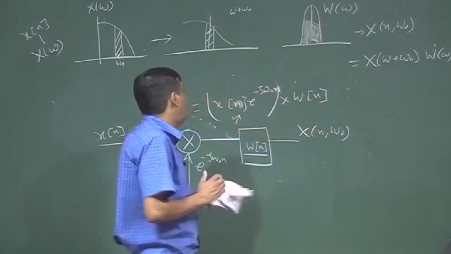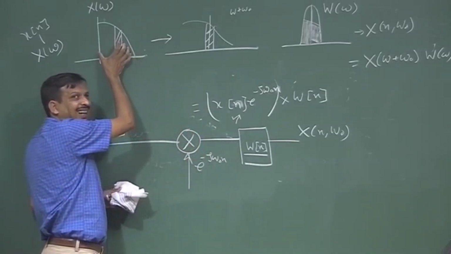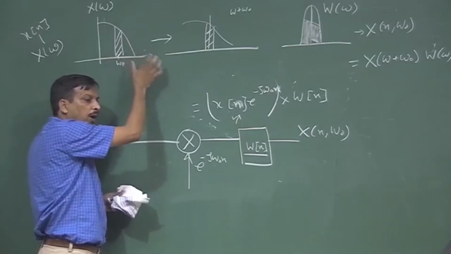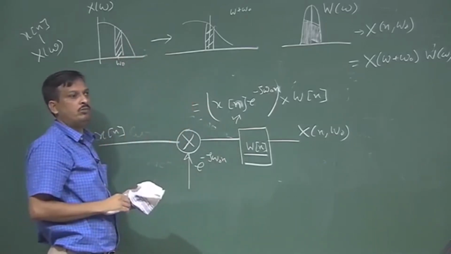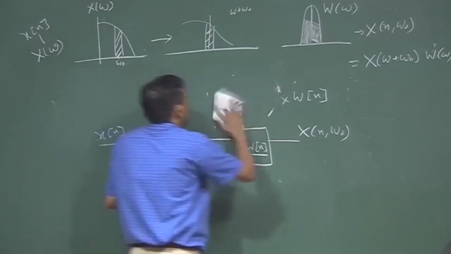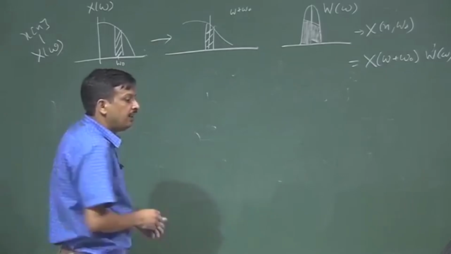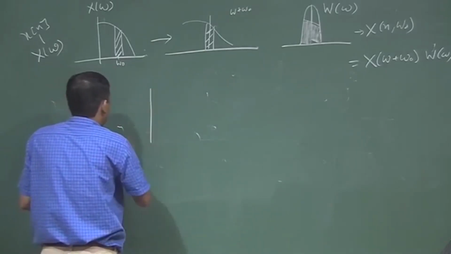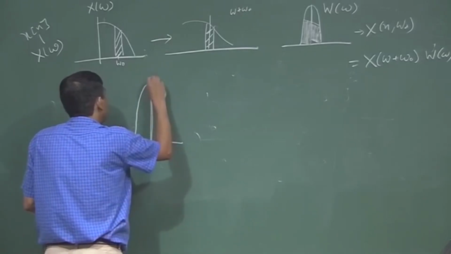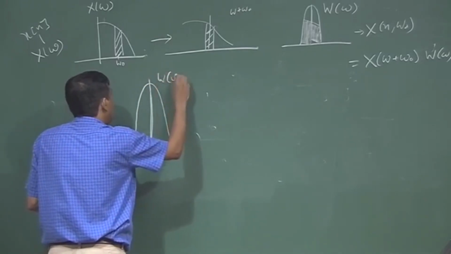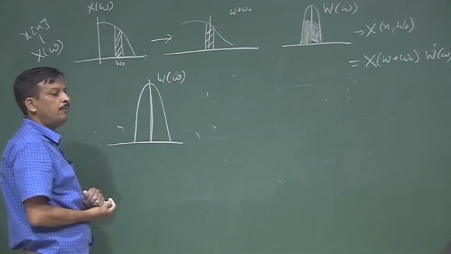Instead of convolving the frequency response of the signal, let us convolve the frequency response of the window. This is W omega.